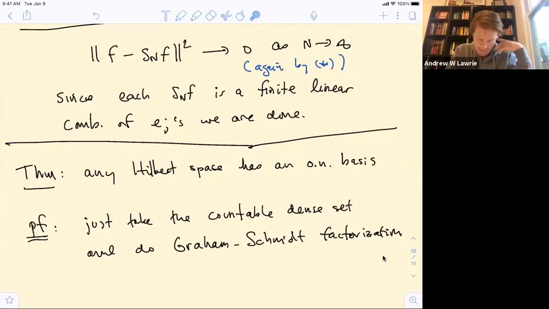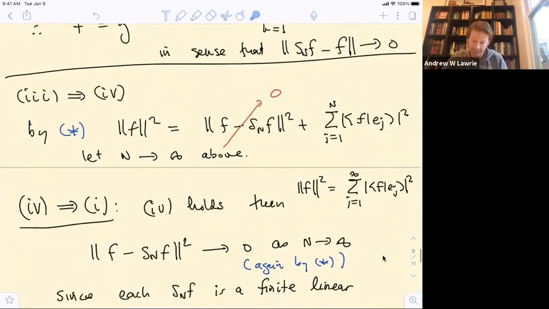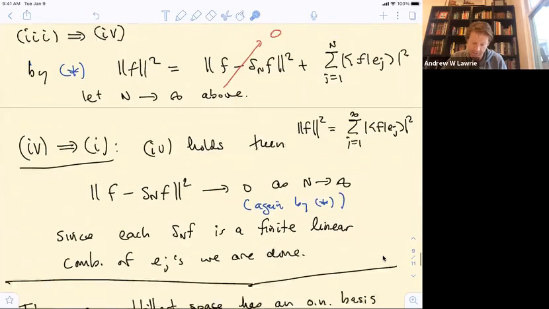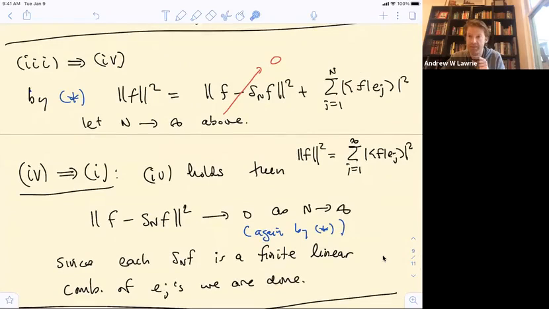I think there is this built-in finiteness in our definition of basis that allows us to avoid this. And when we say we represent f by a linear combination of basis elements, what we're really saying is we have convergence to f in norm.